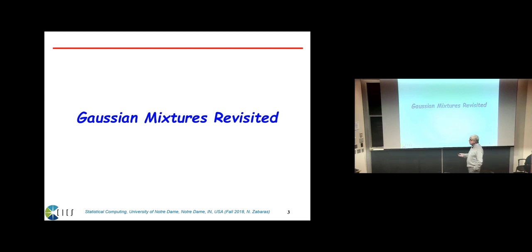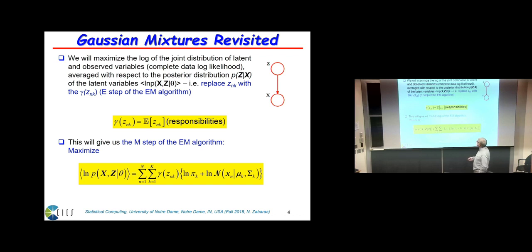So let me just remind you of a few things. We were talking about the Gaussian mixture problem and trying to maximize the likelihood of the data. It's very complicated, and we gave expressions showing why this doesn't look computationally tractable.